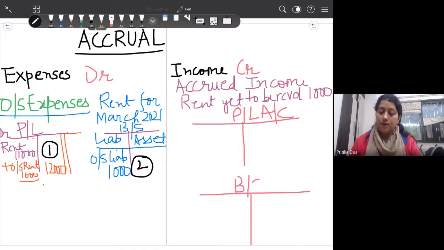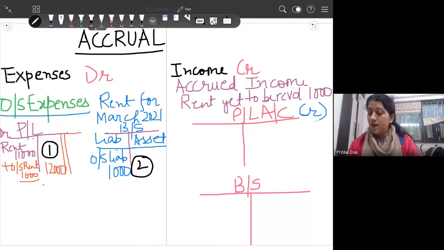So we move to the credit side of the P&L account because this is an income for the business by rent.